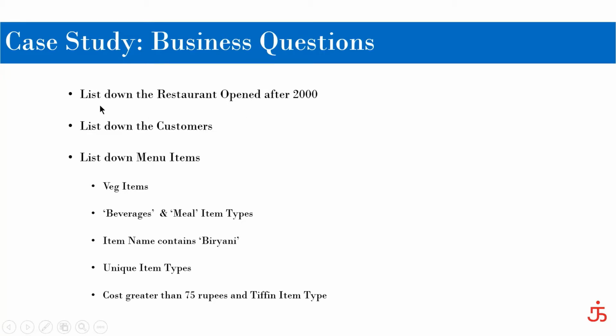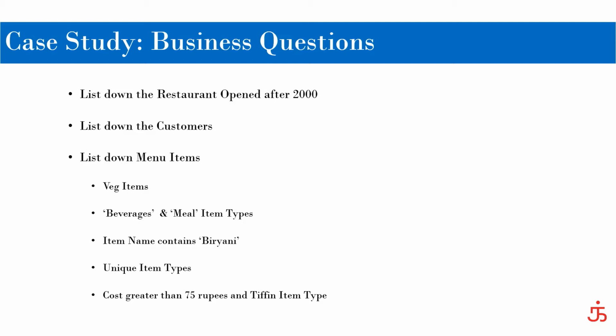Today we are going to help the business owner find what all restaurants opened after the year 2000, and then list down the customers, the list of all customers. Then list down the menu items, only veg items, and then the items of type beverage and meal, items that contain biryani in the name, and unique item types.